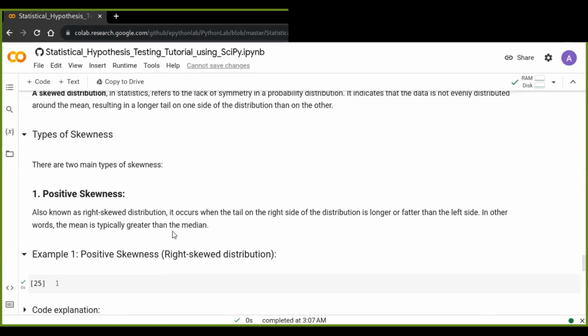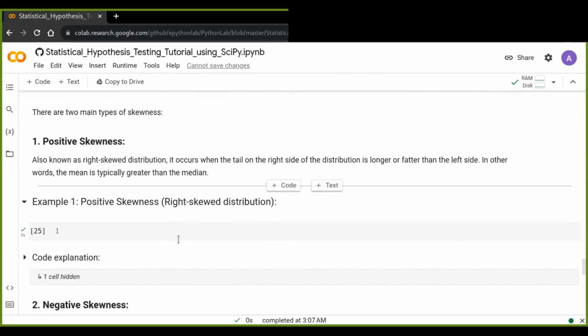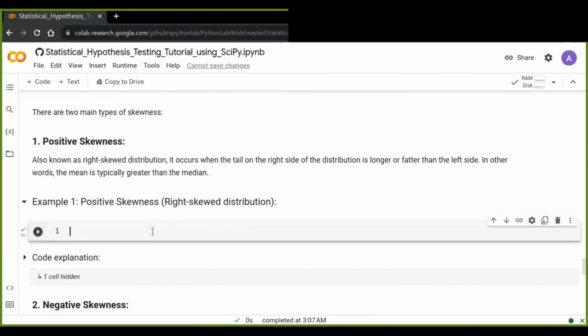So here I will show you step by step how you can visualize the skewness of your data set. Here I will show you just using a right-skewed data set, but you can implement these steps in your real-world implementation of machine learning using your own data set.